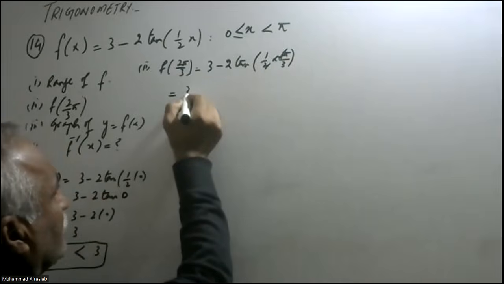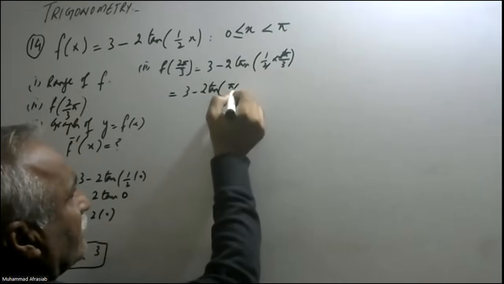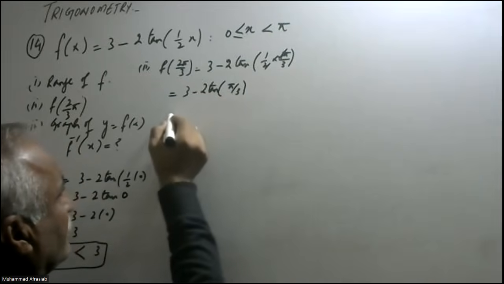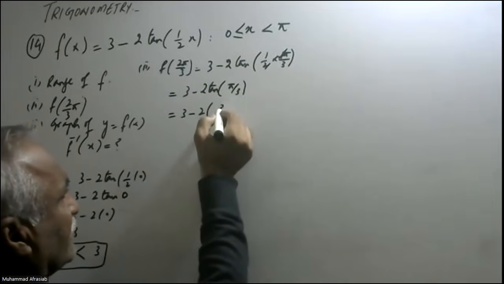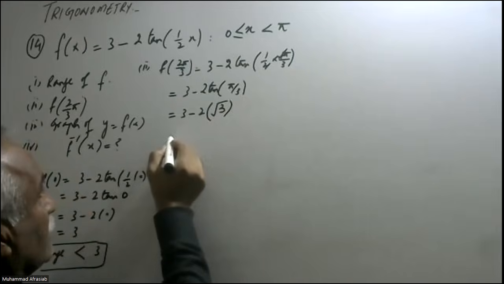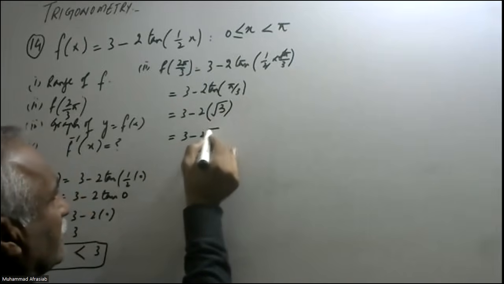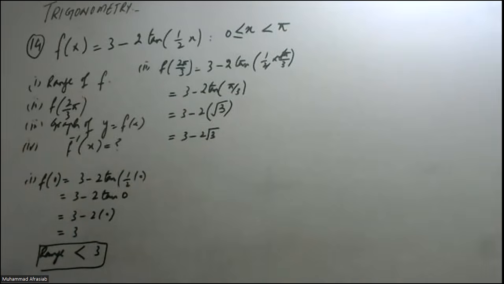So this will become 3 minus 2 tangent of pi by 3. That is equal to 3 minus 2 times tangent of pi by 3, which is root 3. So 3 minus 2 root 3 is the value of f of 2 pi by 3.